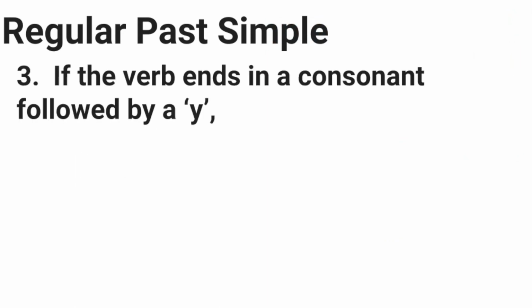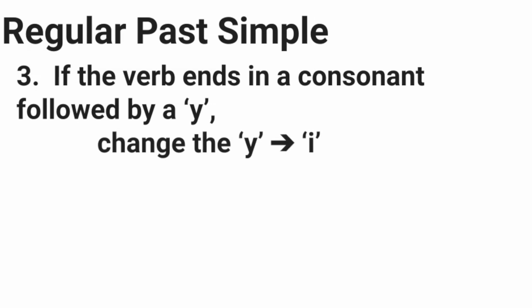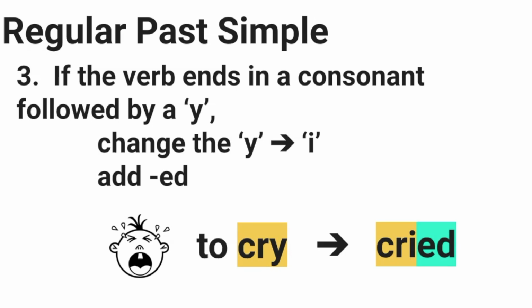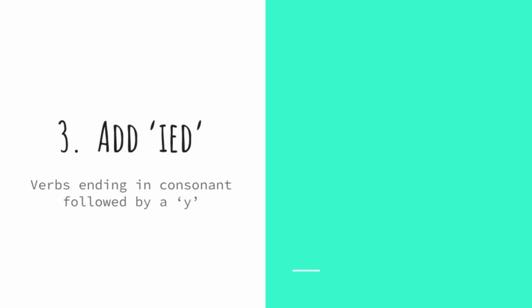Regular past simple. Rule number 3. If the verb ends in a consonant followed by a Y, change the Y to an I. Add ed. To cry, we change the Y to an I. Cried. Add IED. Let's look at some examples for rule number 3.